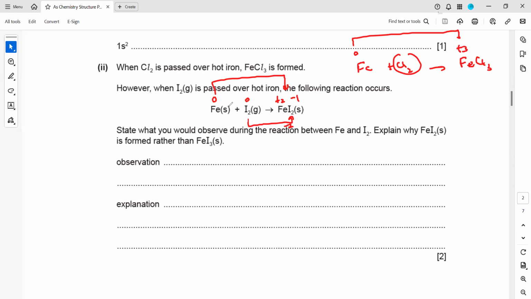So why in this compound do we have iron 2, but here we have iron 3? This is evidence that chlorine is a good oxidizing agent as compared to iodine, or iodine is not a strong oxidizing agent compared to chlorine. Is it clear?